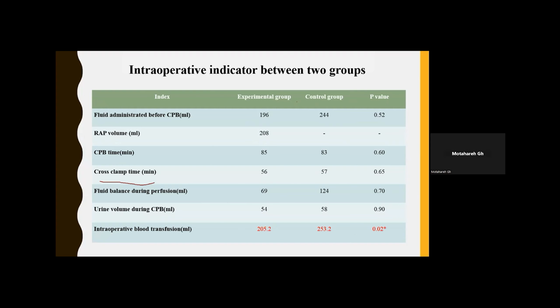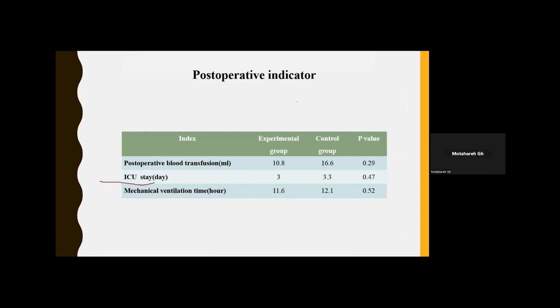The volume of intraoperative blood transfusion in the experimental group is lower than the control group, and the difference is statistically significant. There were no significant differences in blood consumption in the first 4 hours after the operation, ICU stay, and duration of mechanical ventilation between the two groups.